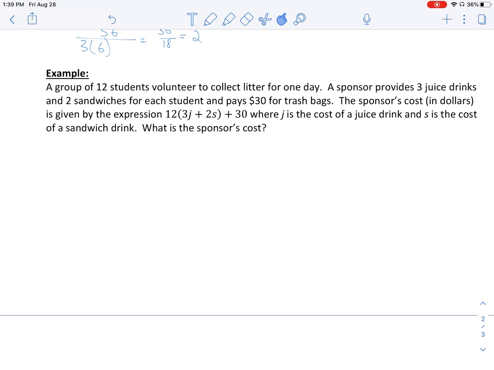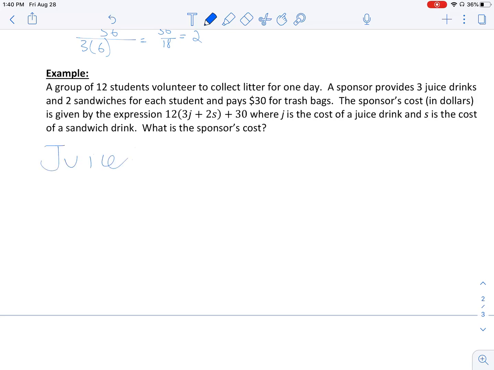So in this case, what we want to do is, it looks like I left out some information here in the word problem. So here, this needed to be added.